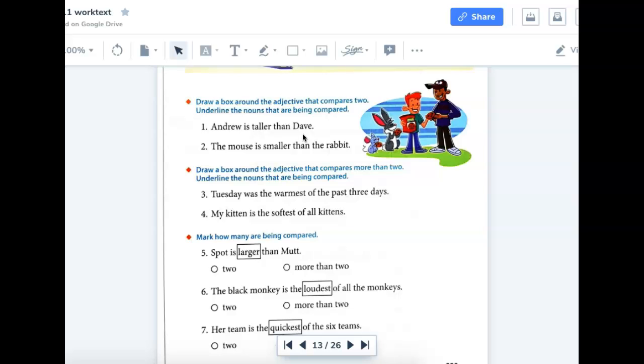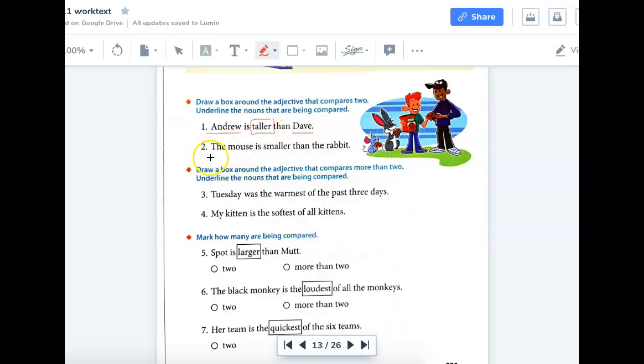The adjective is taller. Taller. We're trying to see who is taller. Then, which two nouns are being compared? We're comparing Andrew with Dave.